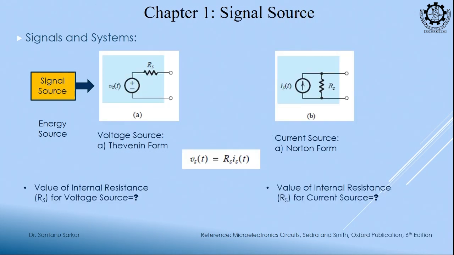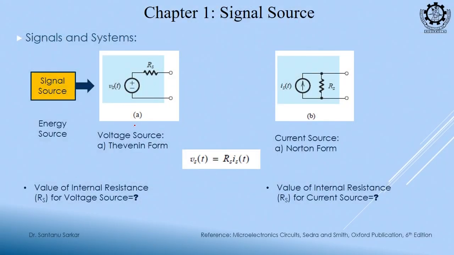Now, let us start from the signal source. When we talk about the signal source, we learn about voltage source or current source. If we have a voltage source, you can say that this is a Thevenin equivalent form, and if we talk about the equivalent current source, you can say that this is a Norton form.